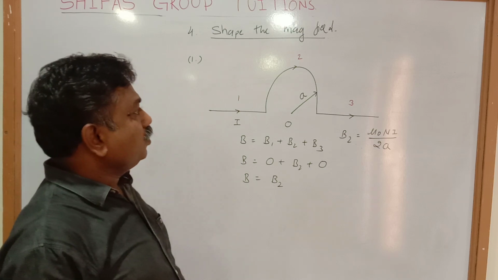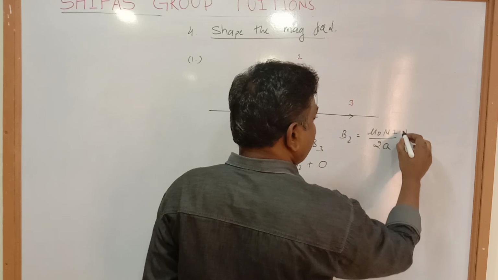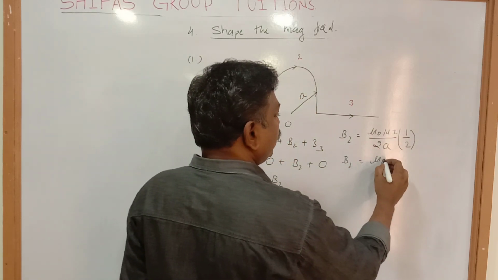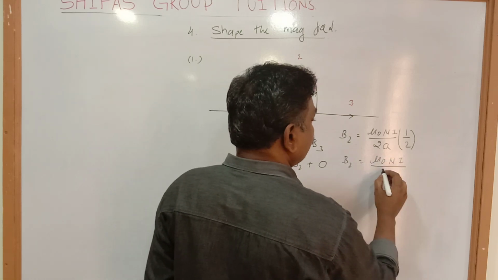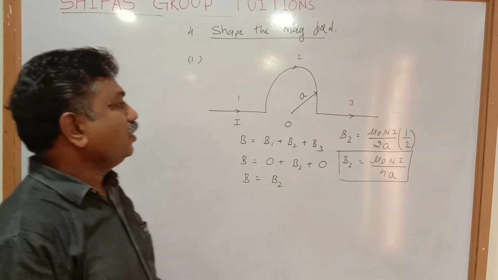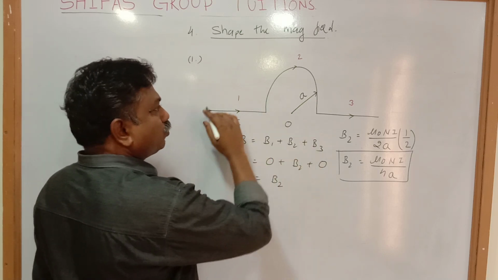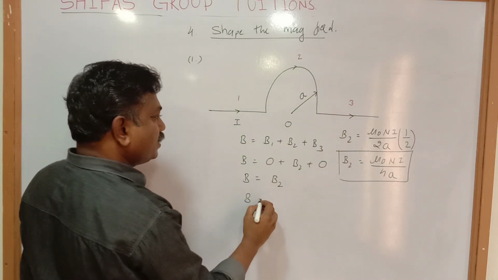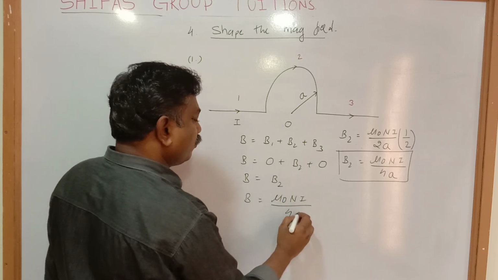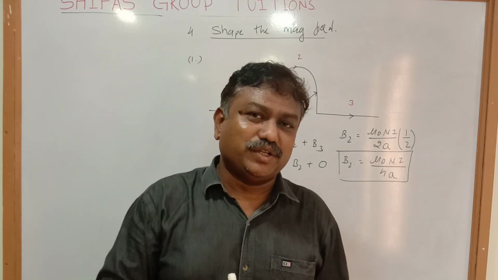As it is a semicircle, I will take half, so the strength of B2 becomes mu naught Ni upon 4A. This is the total magnetic field due to the semicircular part. So the total magnetic field due to the entire shape is B equal to mu naught Ni upon 4A. Now let us come to the 3D imagination.